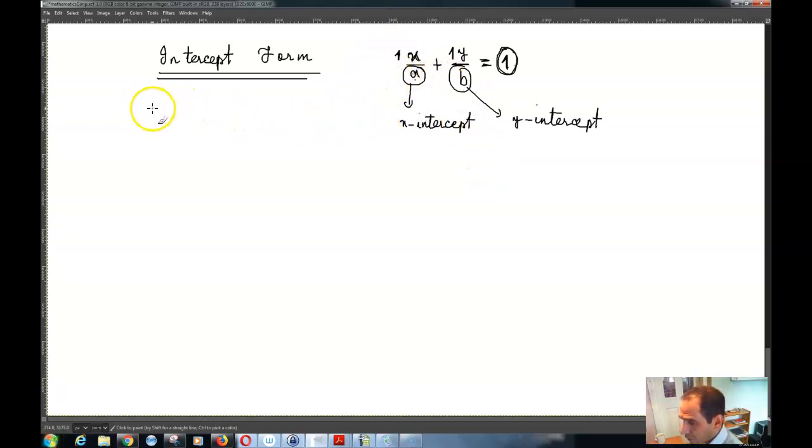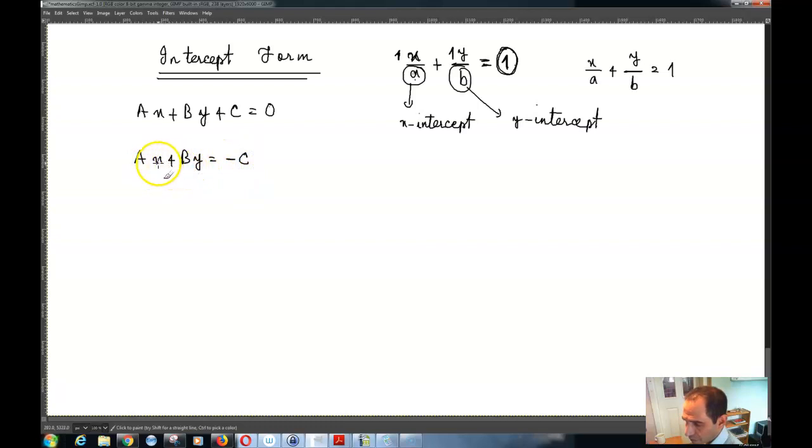Let's suppose that you have ax plus by plus c is equal to 0, and you want to write it in this form, meaning x divided by a plus y divided by b is equal to 1. Logically, you should take this c to the other side, meaning ax plus by is equal to negative c.